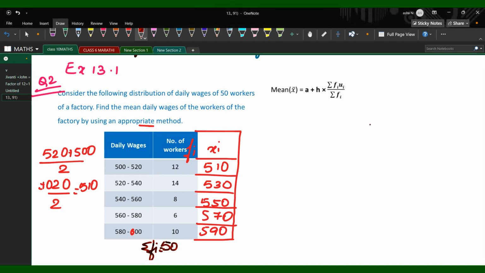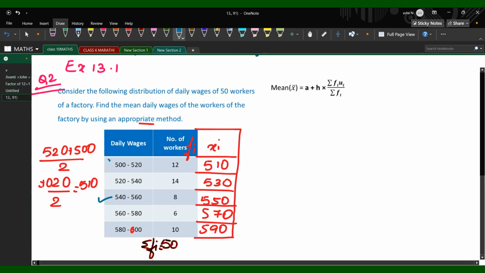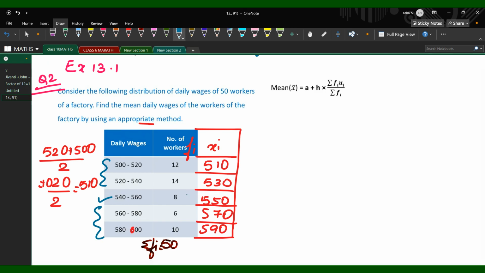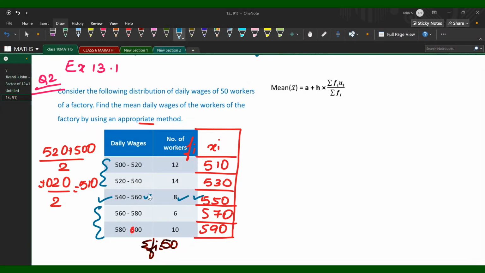If I have to find the average of the daily wages, we will take this one, because here in the middle, two are up and two are down. So we will take the average as the class mark, 550 here. Number of workers is 8, and daily wages will be 540 to 560. So basically this should be the mean.